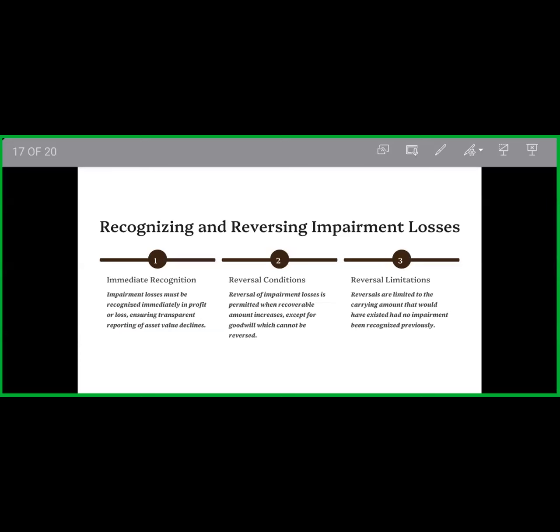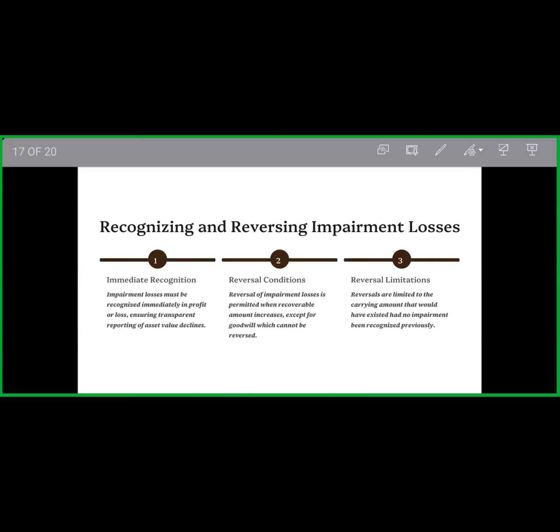Or if there is negligence towards the impairment of the assets, then your financial statement has errors, estimation errors, and in such a case you may have to make your financial statements again.